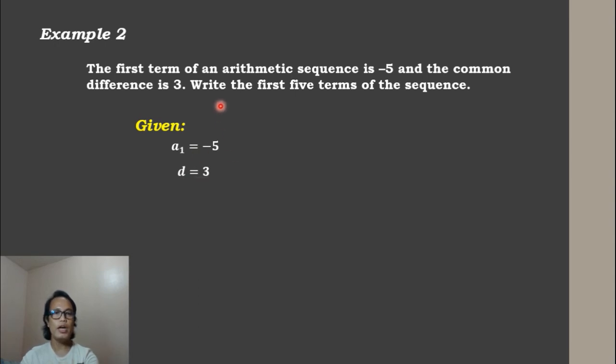And since we are to write the first 5 terms of the sequence, and since also we are already given the first term, a sub 1 is equal to negative 5, there is no problem with the first term. So let's go directly to the second term, which is a sub 2. So how to find the second term?